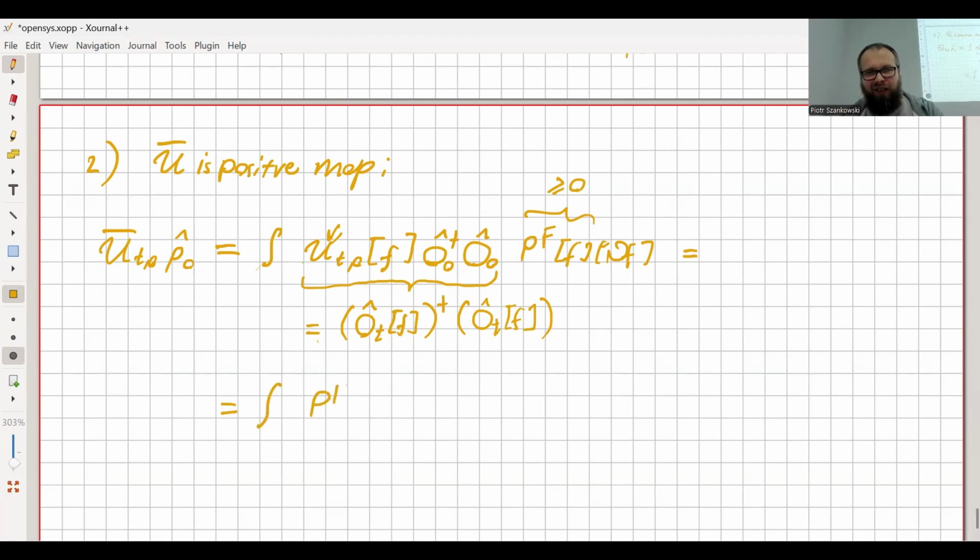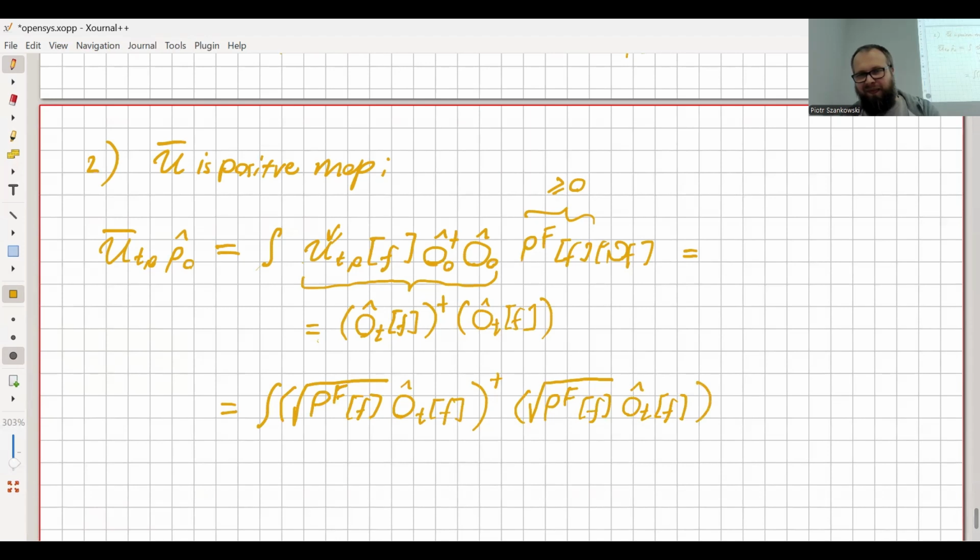But again, it's positive, so I can incorporate it even further. You can write it like this, just split P[F] in two, and dF. So we have this form characteristic for positive operators.